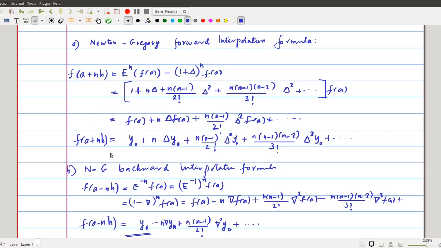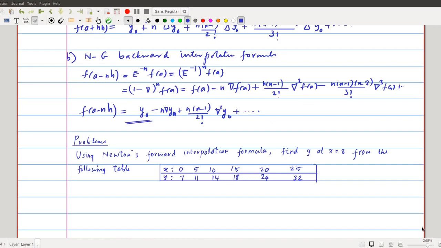That means if you are given these values 0, 5, 10, 15, 20, 25, these are the values of x, then we need to find out f of x when x equals 8.